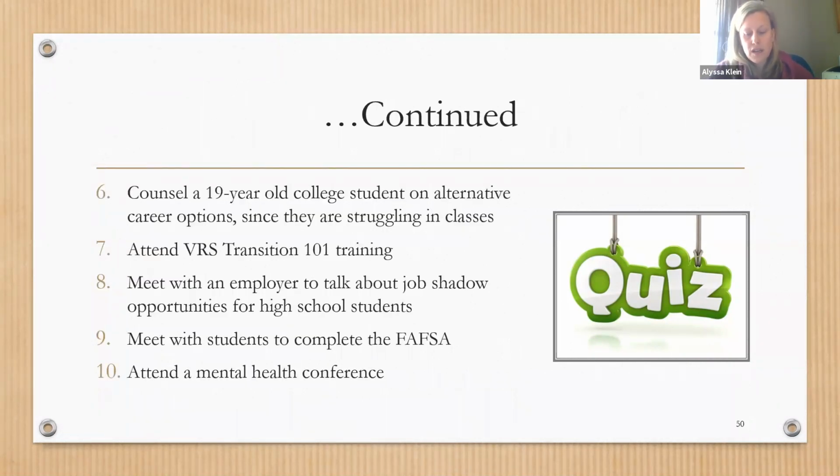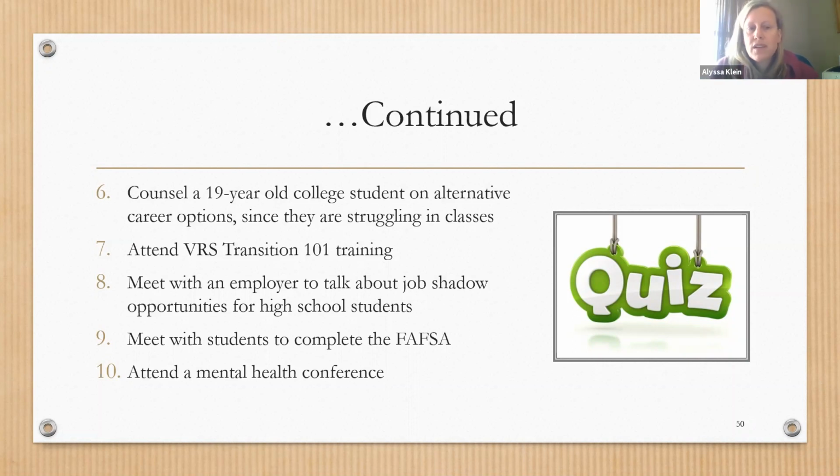Number 6, counsel a 19-year-old college student on alternative career options since they're struggling with classes. And that would be Pre-ETS to help them figure out what they're going to do. If they want to look at other career or post-secondary training options, that could be charged to Pre-ETS.